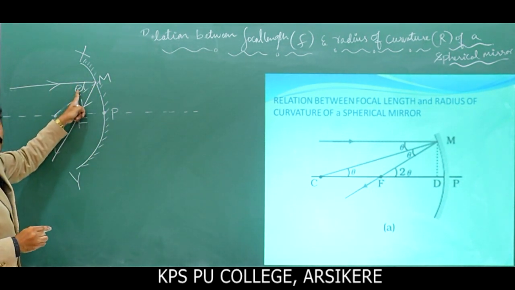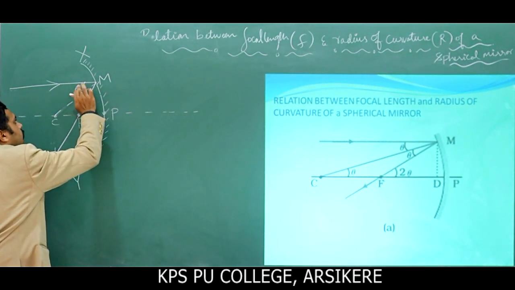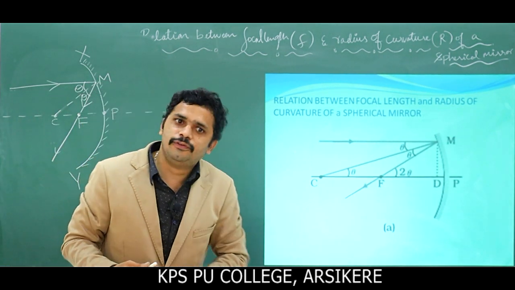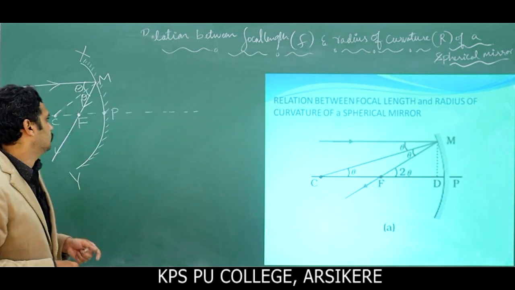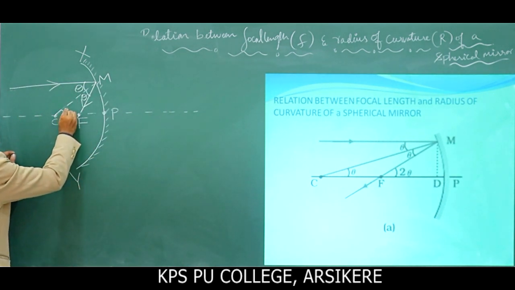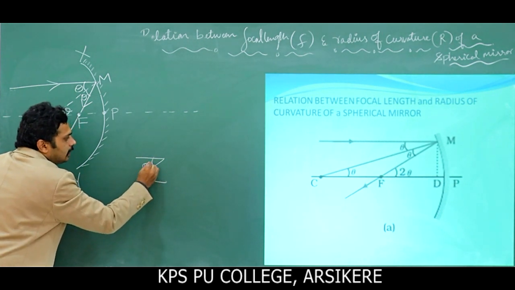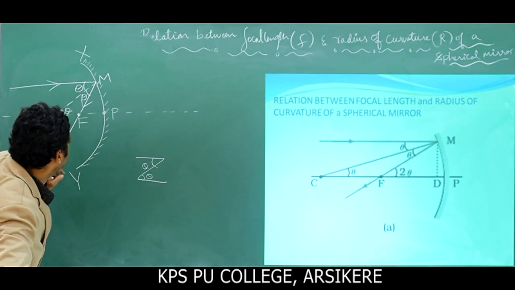What is theta? Angle of incidence. This angle is also theta, because the angle of incidence is equal to the angle of reflection. Now this angle is also theta, because alternate angles are equal.